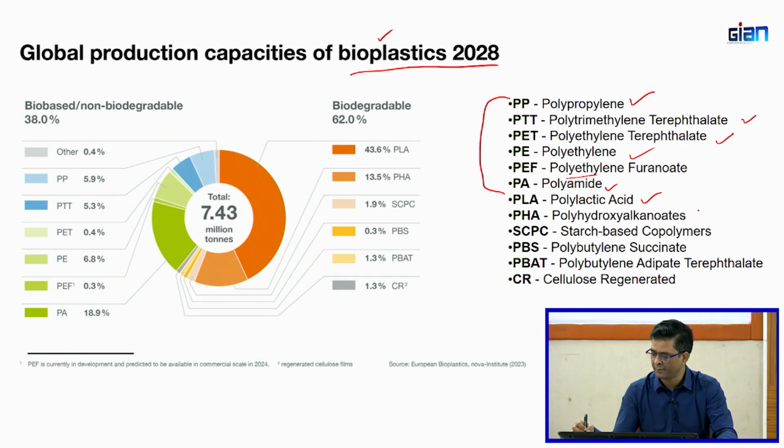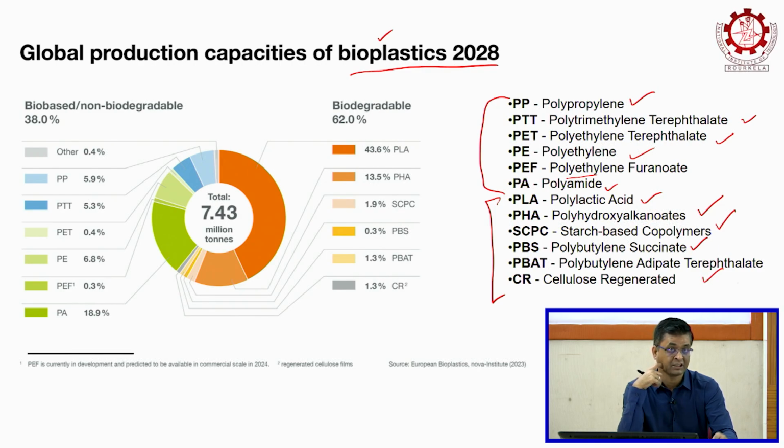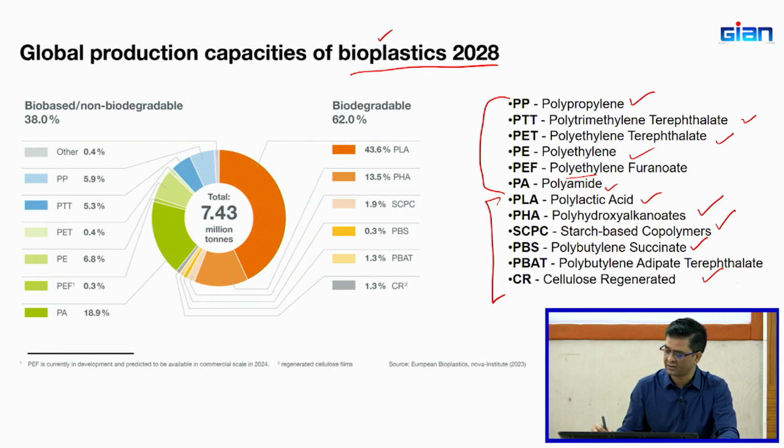Then you have polyhydroxyalkanoates, starch based, polybutylene and regenerated cellulose. A lot of different types of biopolymers are also growing at the moment, that are bio based but non-biodegradable. Some of the terminologies are important to understand. One is compostable, that means you can compost it.